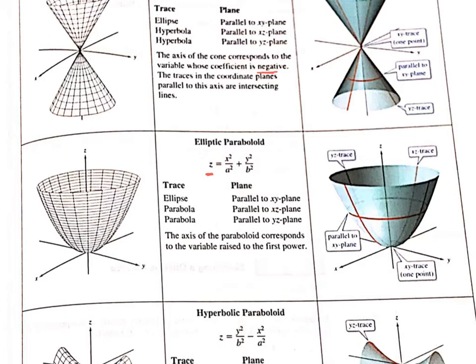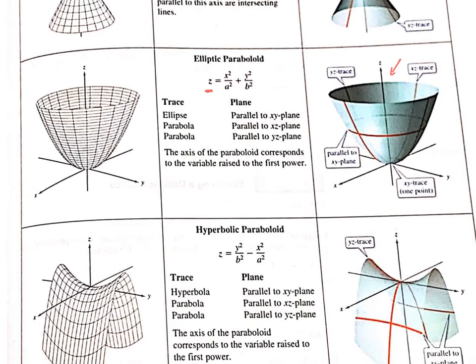And the axis running through this bowl would correspond to the variable that isn't being squared. So here z is not being squared, so this bowl faces up the z-axis.